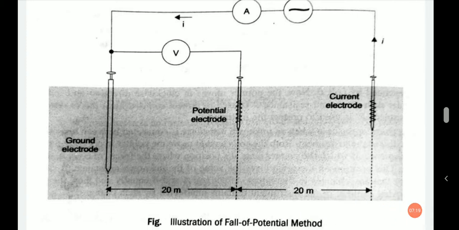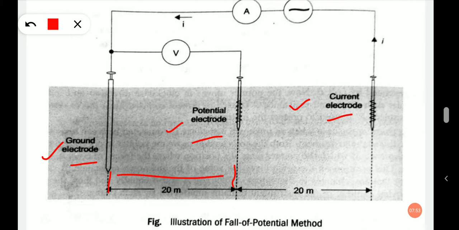So in this figure we can see there are three electrodes, 1, 2 and 3, that is ground electrode, potential electrode and current electrode. All three electrodes are placed equally apart, so this distance is same as this distance, and here it is taken as 20 meter.